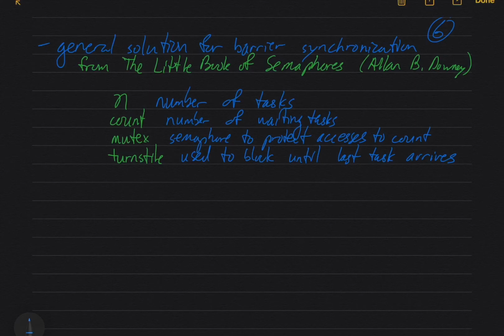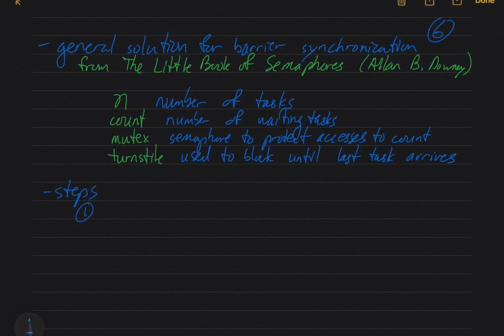It can go up or down, but you use these special functions to access it, wait and signal, and that if a task tries to decrement or wait a semaphore that's at a count of 0, that task is going to block until it gets signaled by another task. That's the key thing.